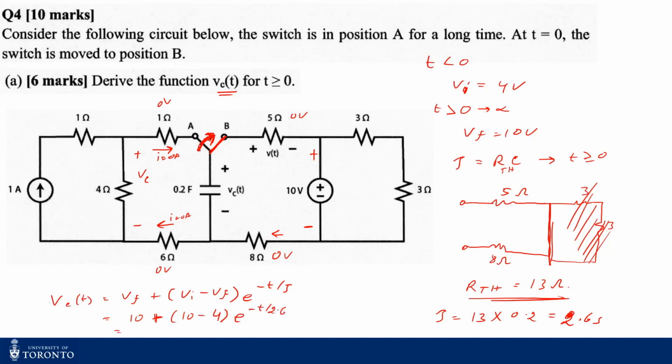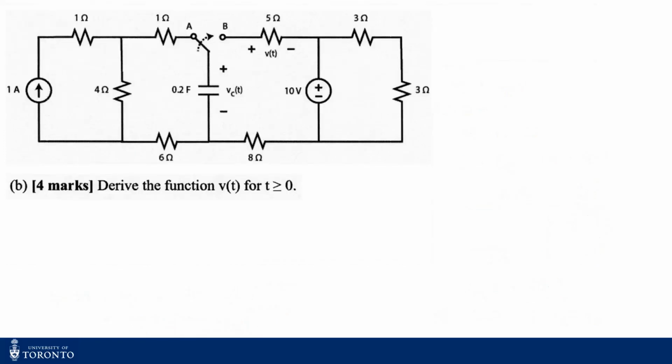So that's 10 minus 6 e to the power minus t by 2.6. That's my VCT. In part B, I'll just write VCT here: 10 minus 6 e to the power minus t by 2.6.